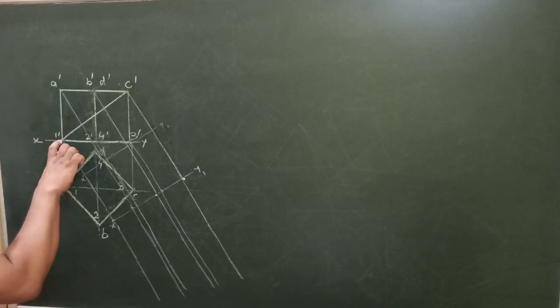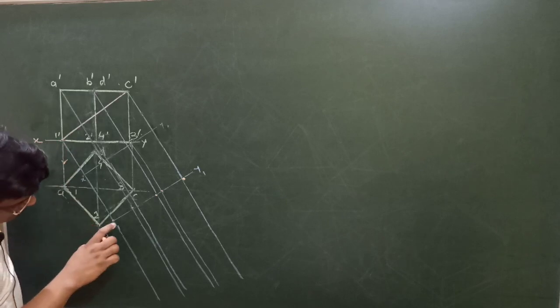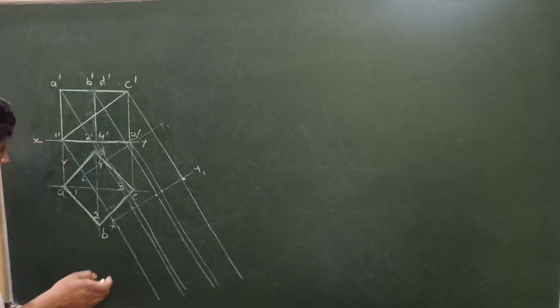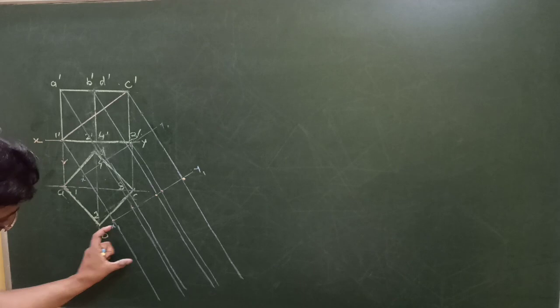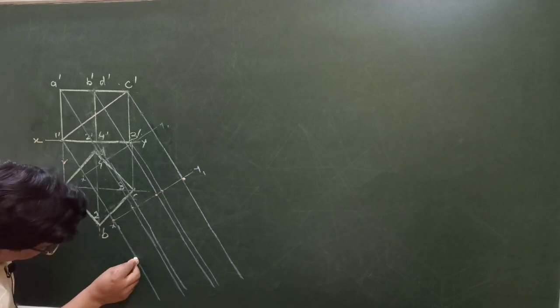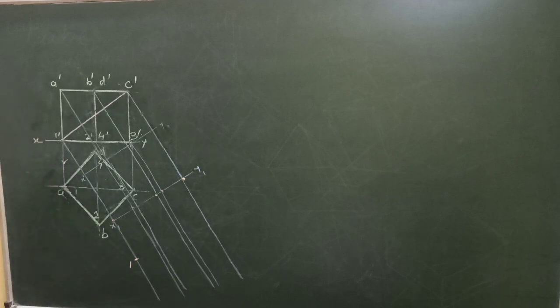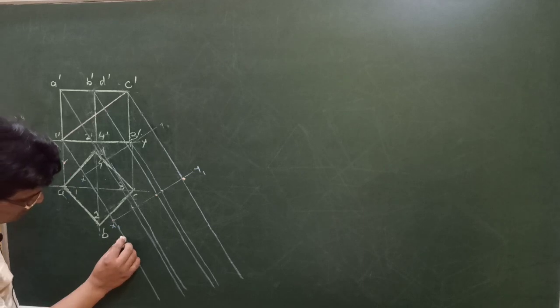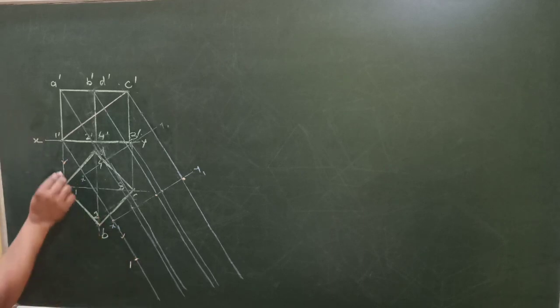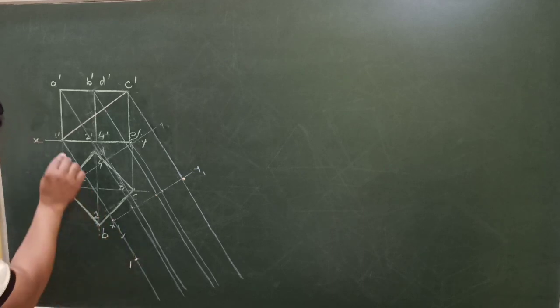So we can take this distance from here, put it here and cut the distance, so as to get point 1 here. These two distances are equal, from here to here and here to here.